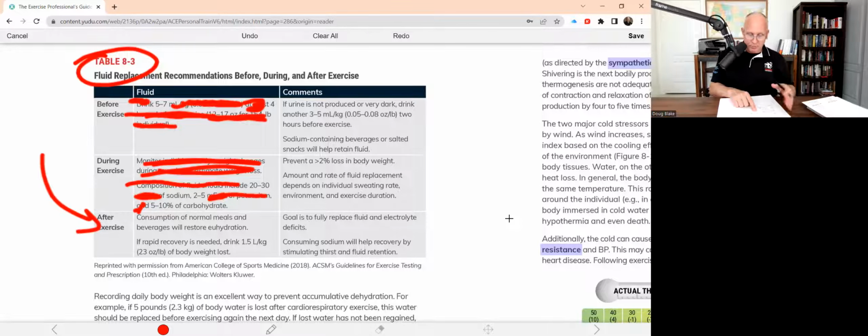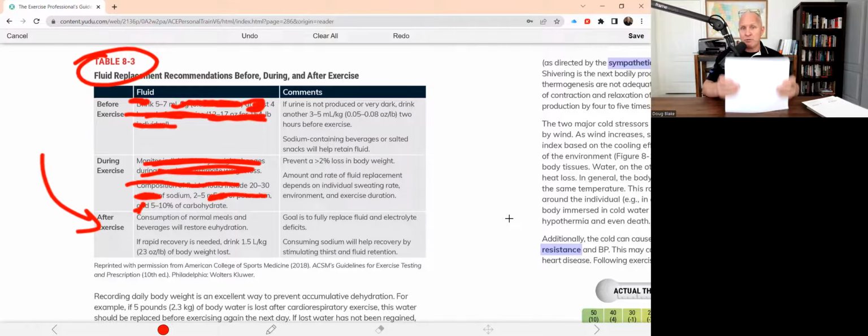If low output, 3 to 5, and again, I'm rewriting this in a way where I'm memorizing the numbers because that's what I'm going to see on an exam question. You don't have to memorize milliliters per kilogram because those will be given to you already on an exam question.